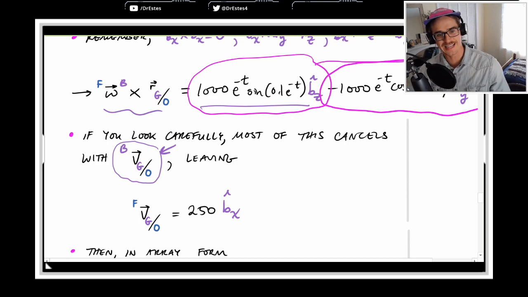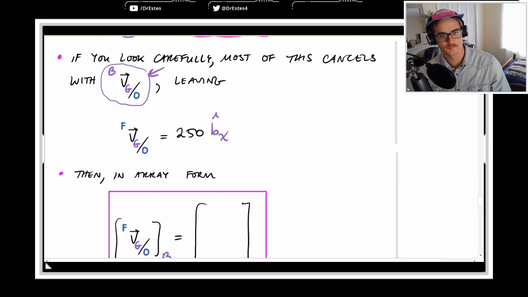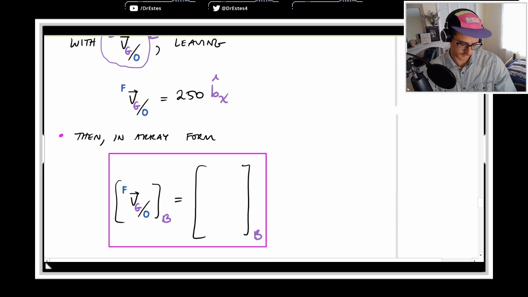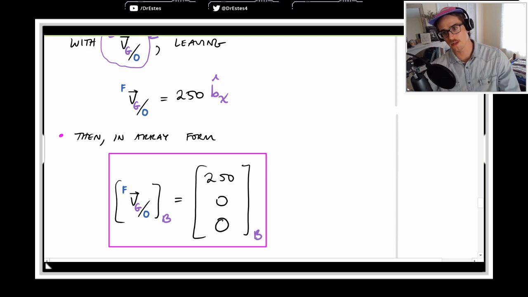So if we put this in array form, 250 along bx, 0 along by, and 0 along bz.